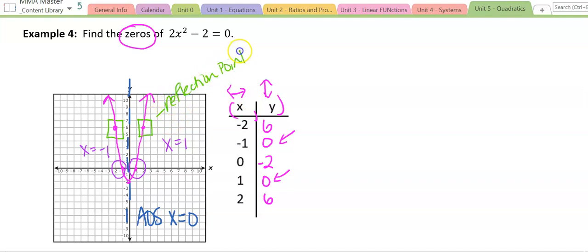Okay. Now, on the pennants, it might ask you to label your points for your solutions. So to give the solutions as a point, this would be 1, 0 and -1, 0. All right, the other thing it might ask for is the vertex. The vertex is the point where it changes direction, and on this one, it's right here.